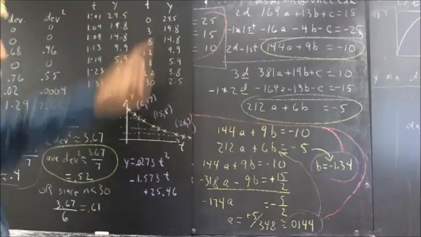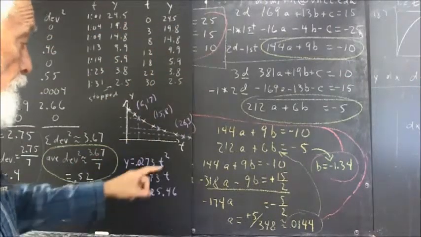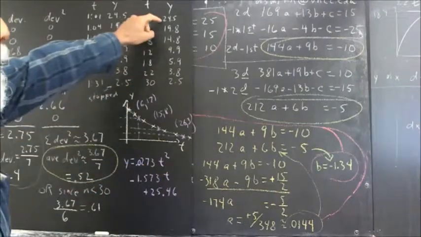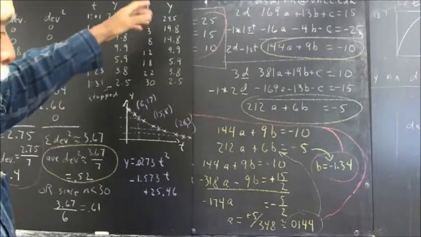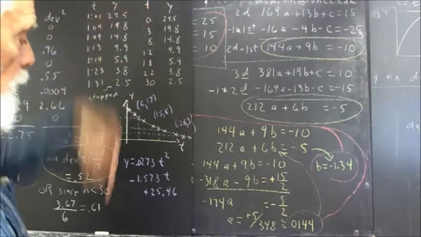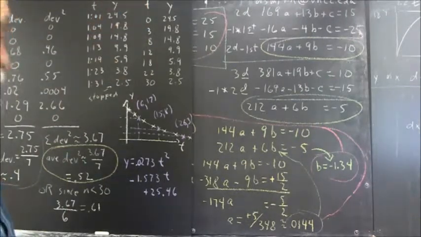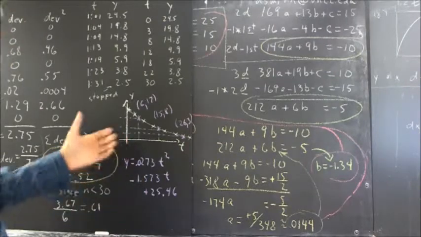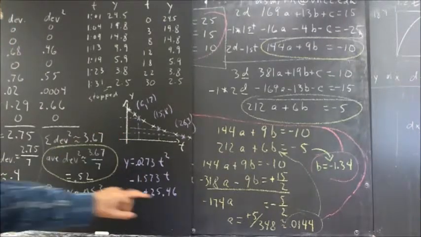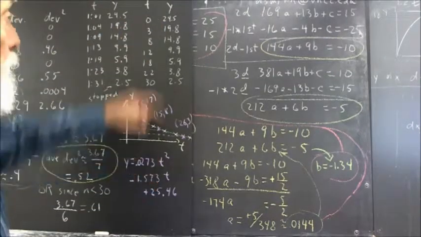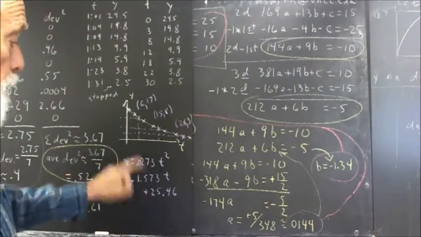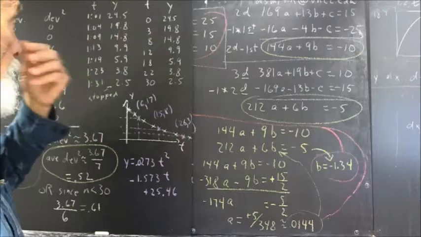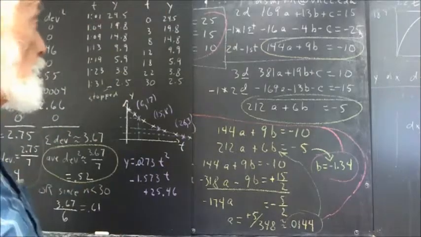So there's a discrepancy between what this model predicts for t equals 0 and what we observed for t equals 0. And that discrepancy is actually a little less than 1. It's 0.96, but it's very close to 1. So the y value we observed and the y value predicted by the model differ by about 1. So there's a deviation of about 1.